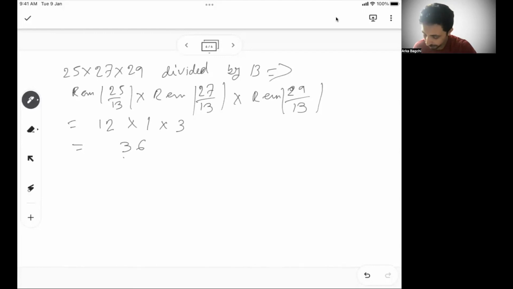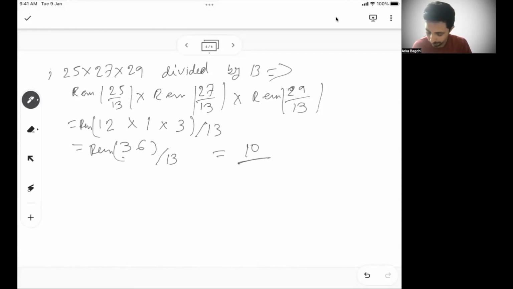So then 36, it's the same way, it will be the remainder of this by 13. So that means it will be a remainder. You further do the remainder calculation, and then 13 twos are 26. So the remainder is 10. So you do this till you get a remainder which is less than 13. Okay.